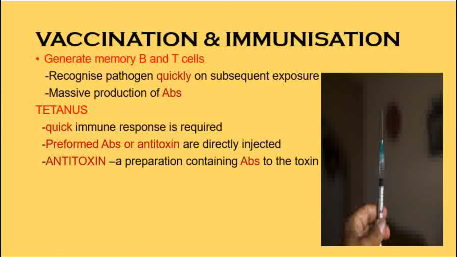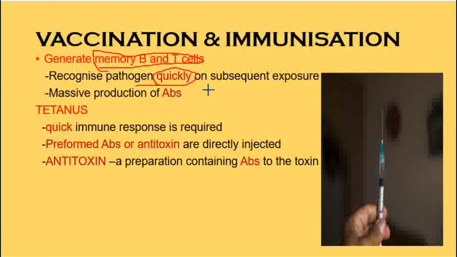And memory B and T cells are generated after vaccination, when you get an actual infection. Not the normal B and T cells, but memory cells, since our immune system has this memory of the pathogenic infection. They recognize the pathogen quickly, because during a first infection the immune system responds slowly.